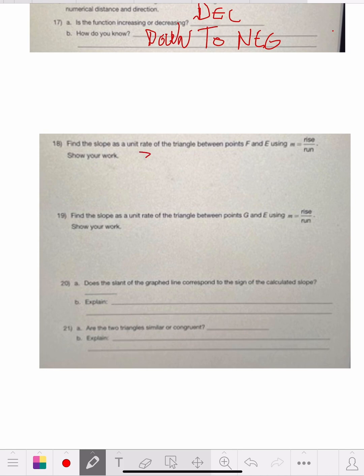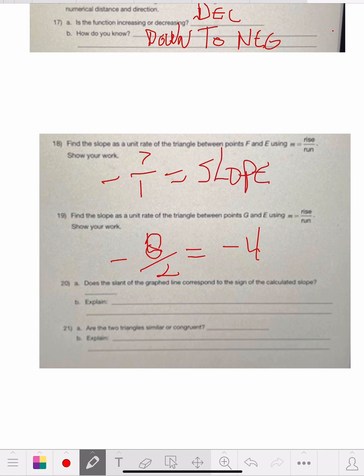So this is 7 over 1, and it's negative. And this is 8 over 2. Equals slope.